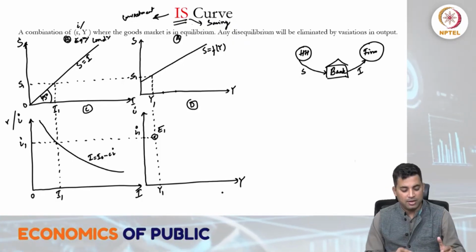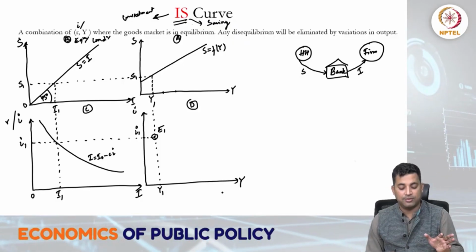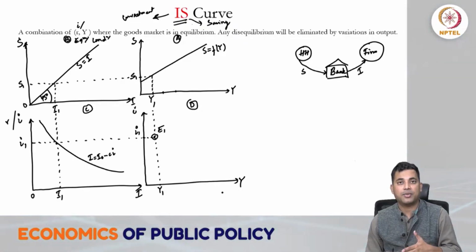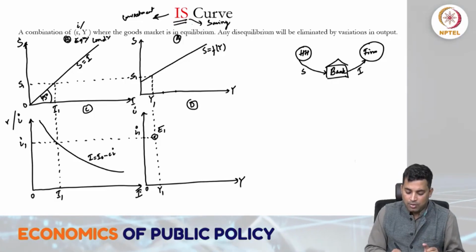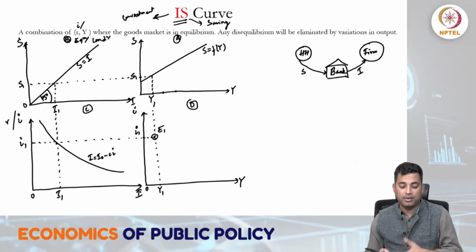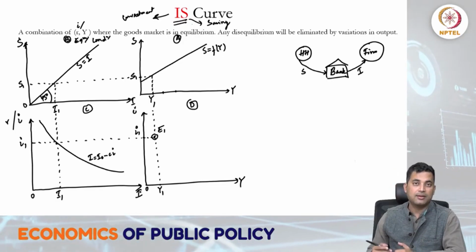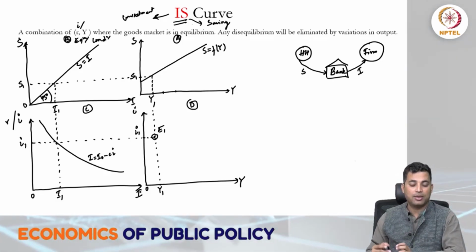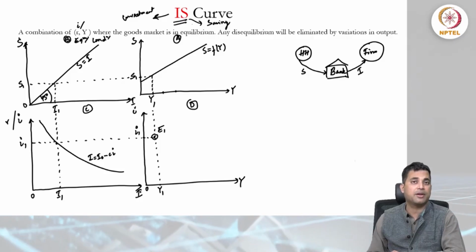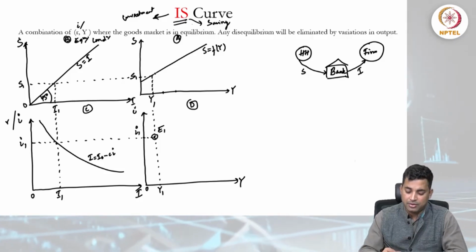With the same rate of interest, OI small i1, what is the total amount of income, OY1? So that is the aim here, to show how investment and rate of interest are interrelated to each other.